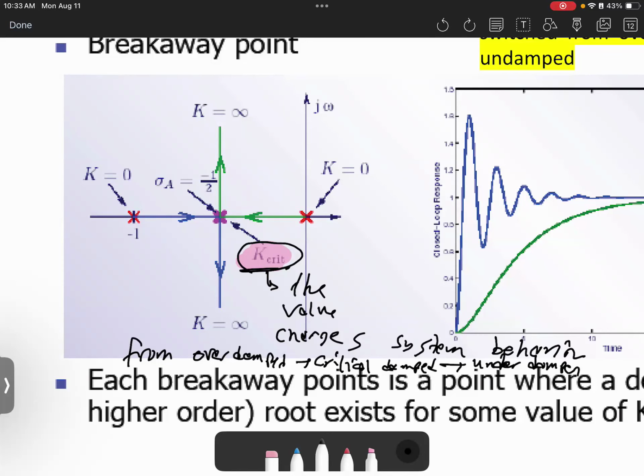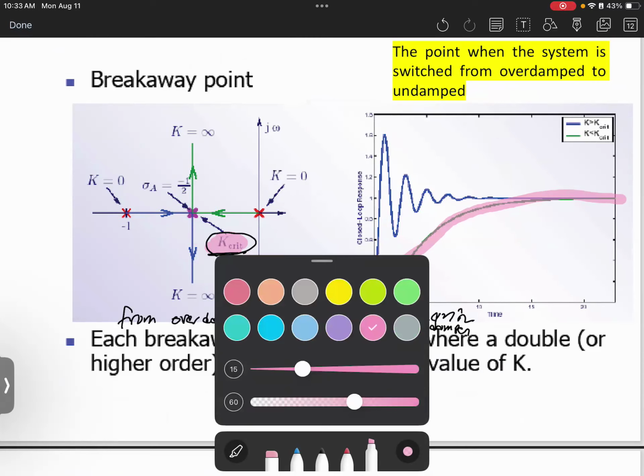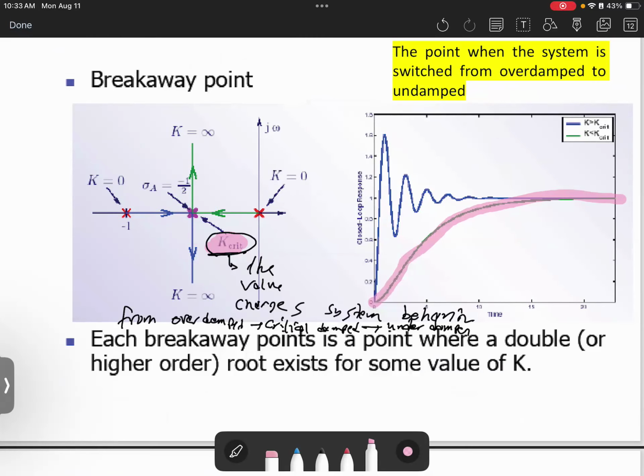Then when we observe this, look at the system characteristics. The system performance is like this: if K is lower than K critical, it will be overdamped, or even critically damped, that's fine.